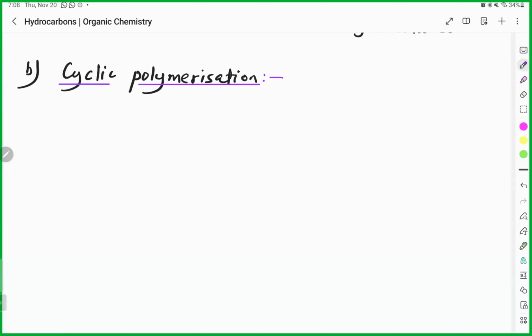Pratigya, Barinder, what is reforming? Anybody know what reforming is?